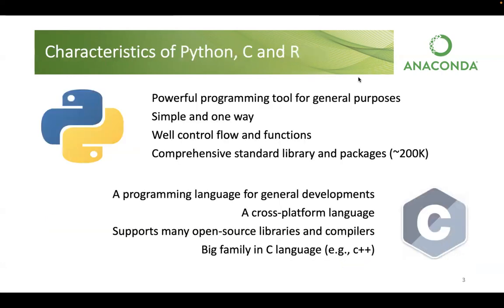So here, I briefly show you the basic characteristics of Python, C, and R. Python is a powerful language, can be used for many different purposes. Whether you want to do data analysis, simulation, numerical modeling, plotting, or something else, Python can do it. Python is also easy to learn and write.